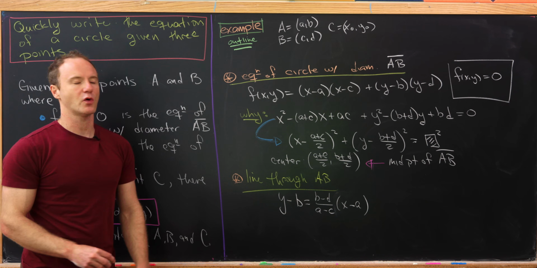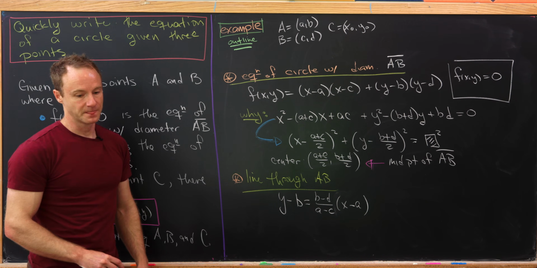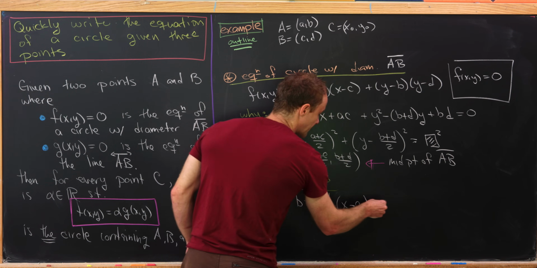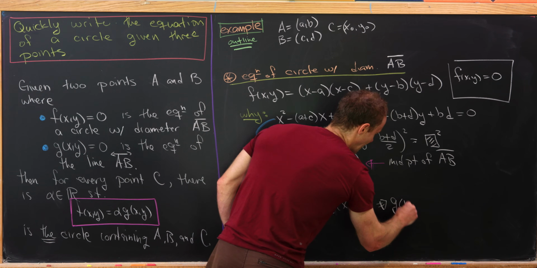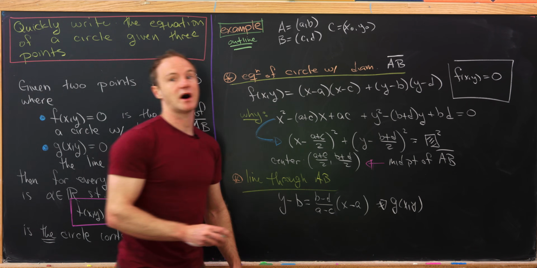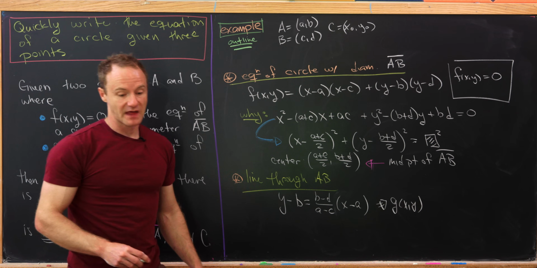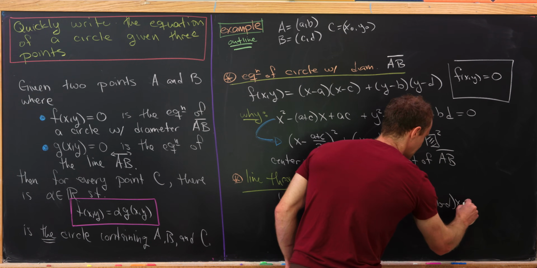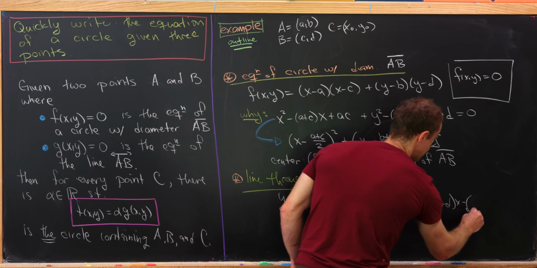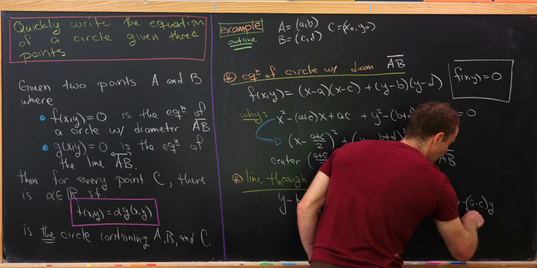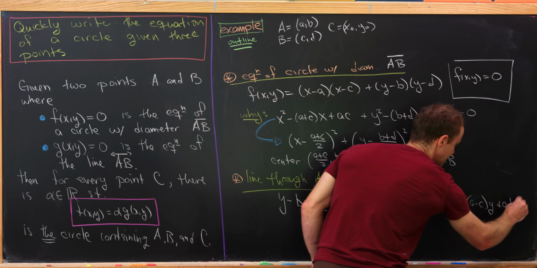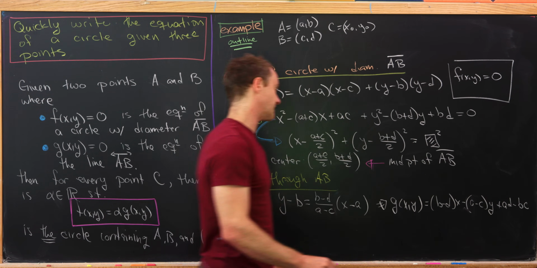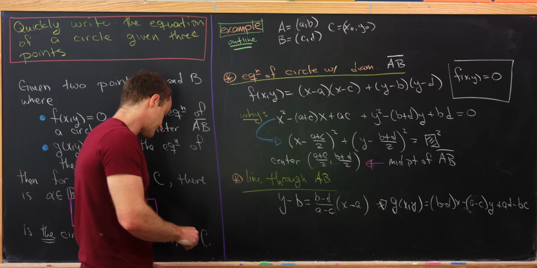So we're just using the point slope form of a line. So notice that we can rewrite this and grab an equation for g of xy fairly easily. And that equation will look like this. So we'll have b minus d times x minus a minus c times y, and then plus ad minus bc. So there we have it.